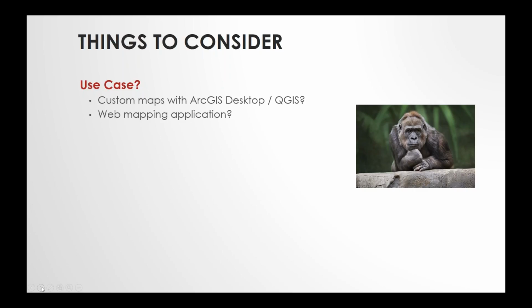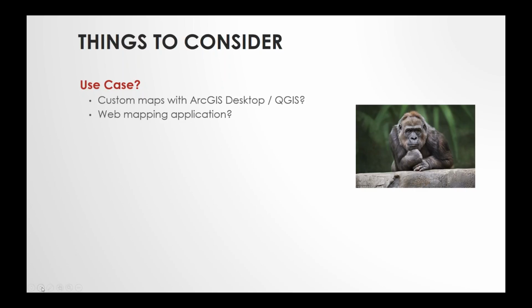Each kind of service has a set of capabilities and limitations, and those are details that you want to pay attention to and determine whether or not you're going to be able to meet your needs. So for example, within ArcGIS Desktop, if you bring in a map service that is a pre-cached map, you can't modify the content in any way.